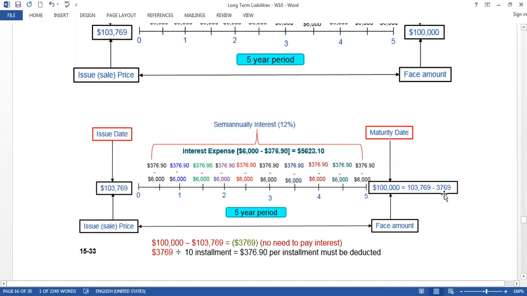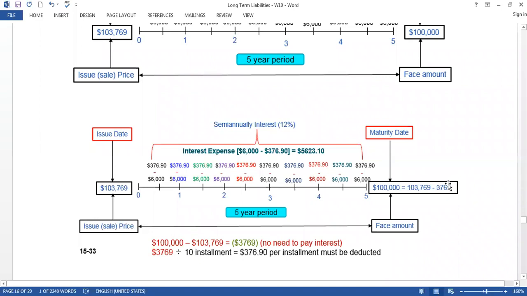Before it was a plus sign. Can you remember? Plus sign means you pay more money, and minus sign means you are going to pay less money. And it is additional interest you need not pay. Try to understand. This is additional interest and you need not pay this interest. Clear? So this money you need not pay. Try to understand. 3769, you need not pay, right?